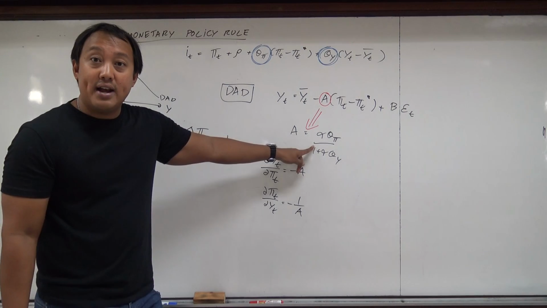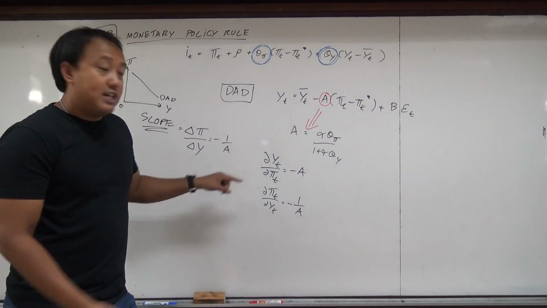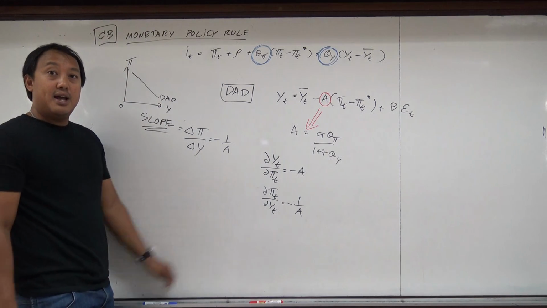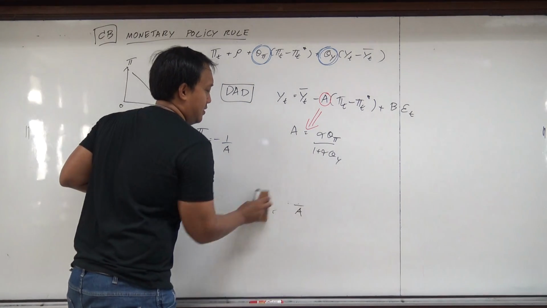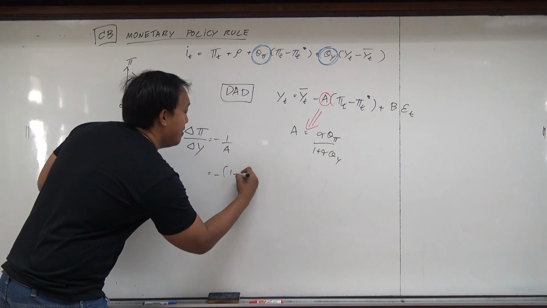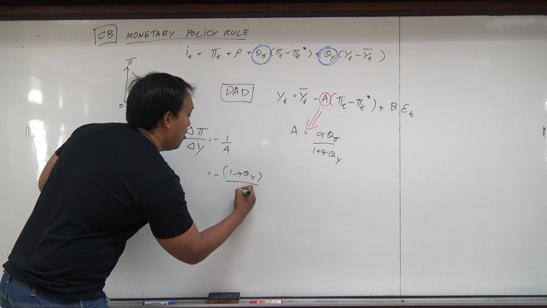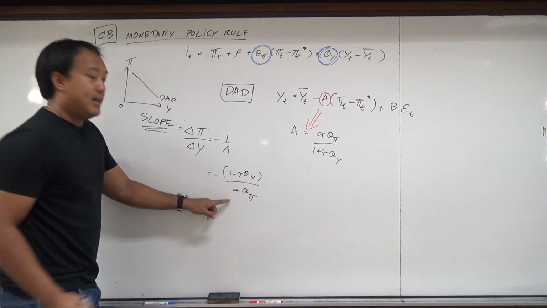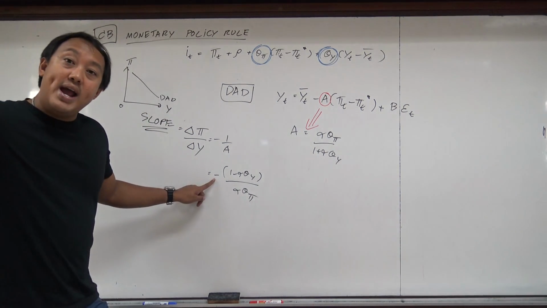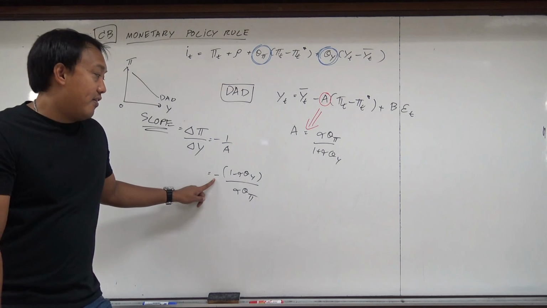A equals this one. 1 over A means I'm going to flip this one up. Here. Then I'm going to have minus (1 plus alpha theta y) over alpha theta pi. This is the slope of the AD curve. It always has a negative slope, okay?